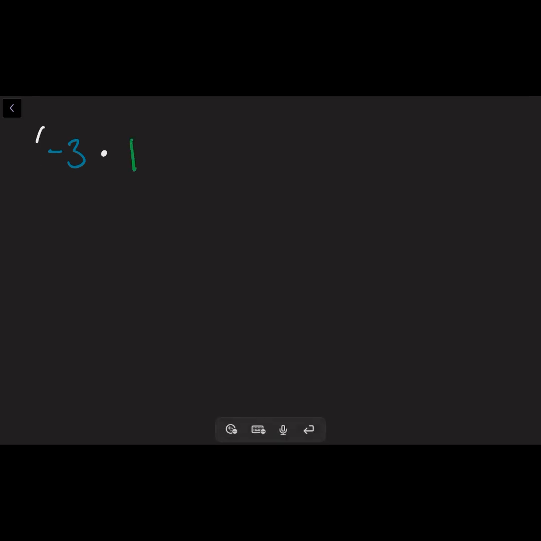So we're gonna do -3 times 1 plus, and then we got 6 times, and then our second numeral is gonna be 2. So we got -3 times 1, and then we got 6 times 2. And that's gonna be for our first row. And now we do our first row times our second column.